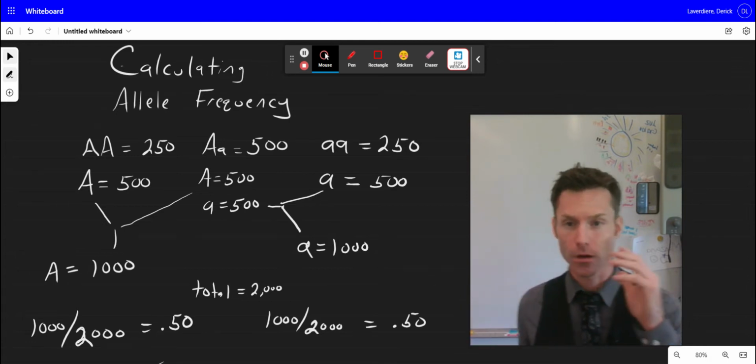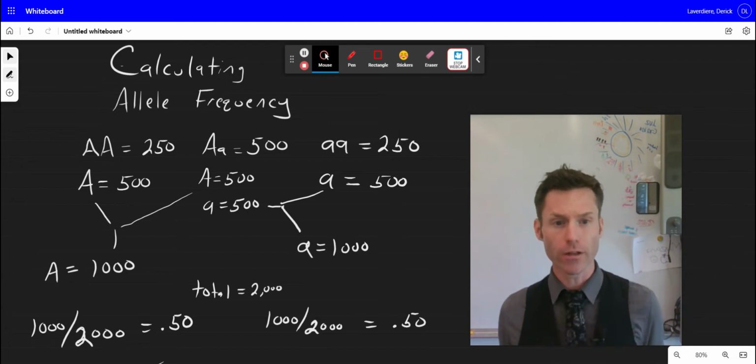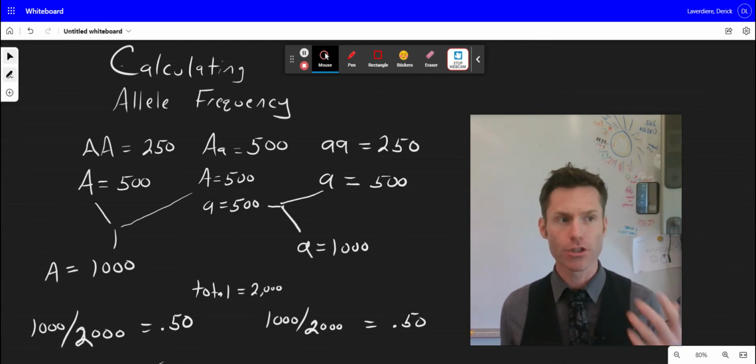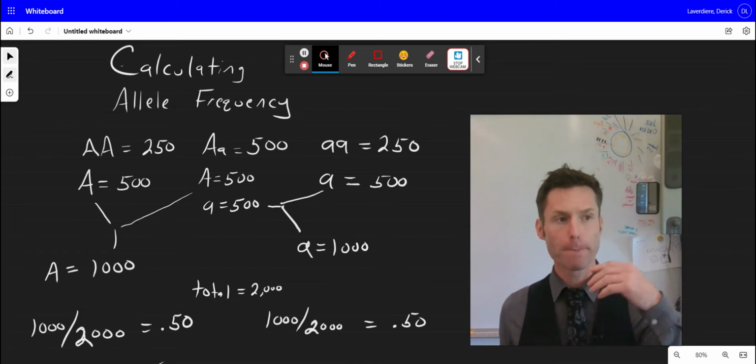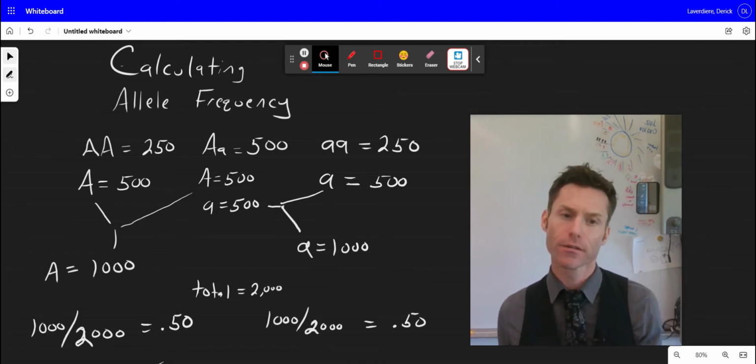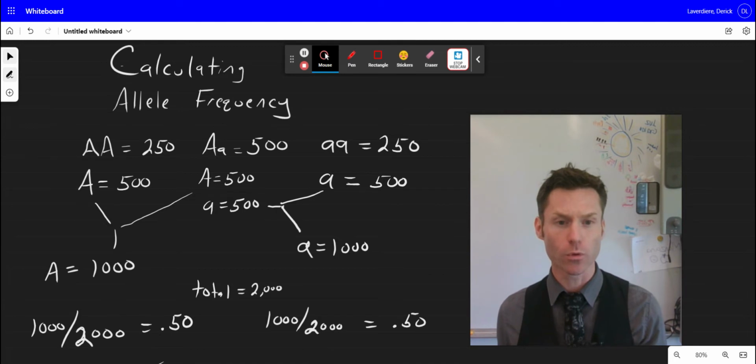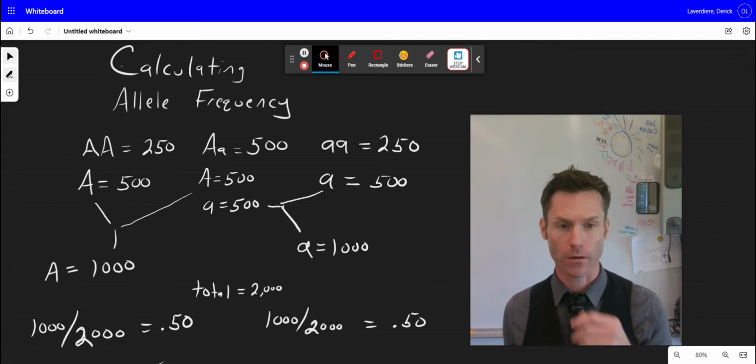Cool. So our allele frequency is just an assessment of what percent of a given gene pool is made up of each allele within that gene pool. Right? So I'm looking at gene A in this example.